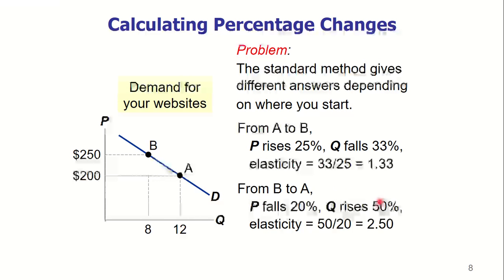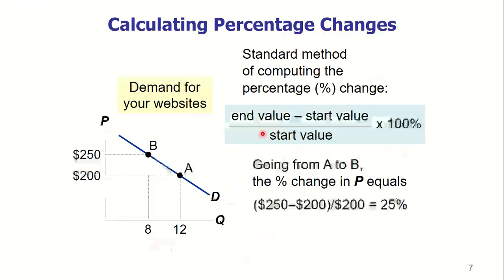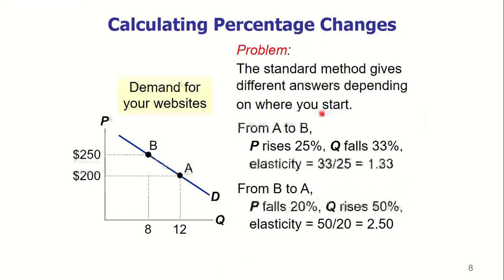Quantity falls by 33%. By the same formula, if we put the values of the quantity demanded in this formula, we get the percentage change in quantity equal to 33%.